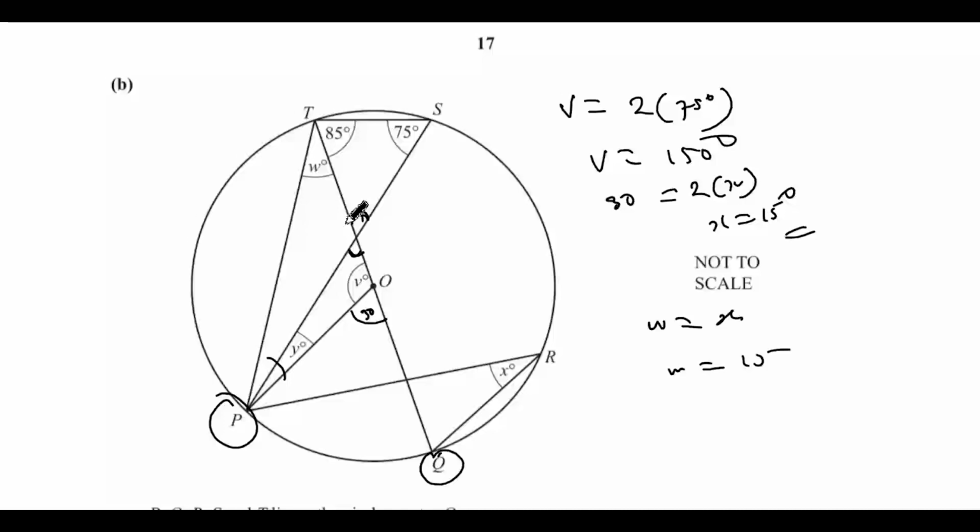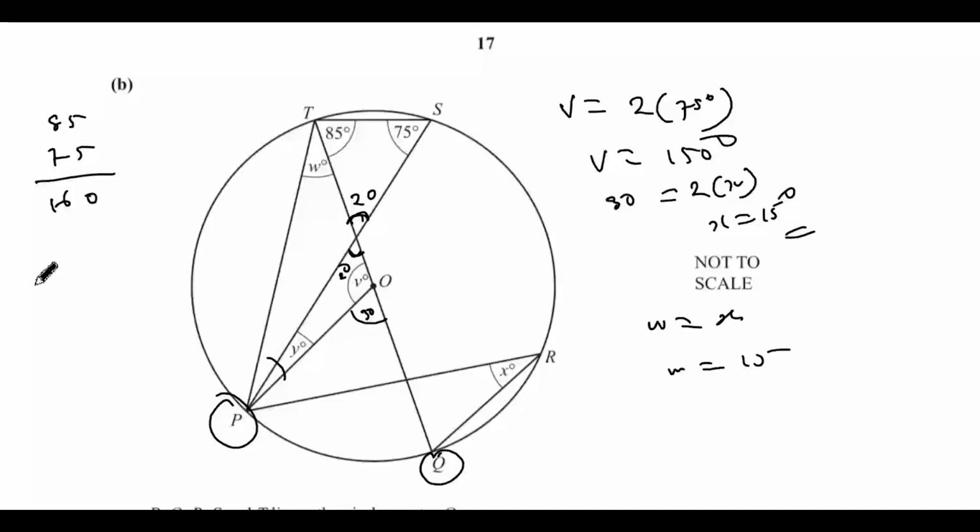So if you add these two together, that is 85 add 75, so this will be 160. So that means this place will be 20. So this place will also be 20. So we know that angle V is equal to 150.